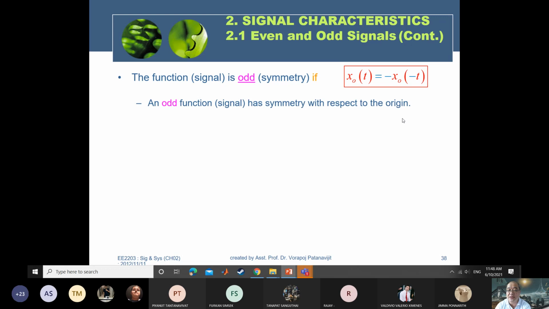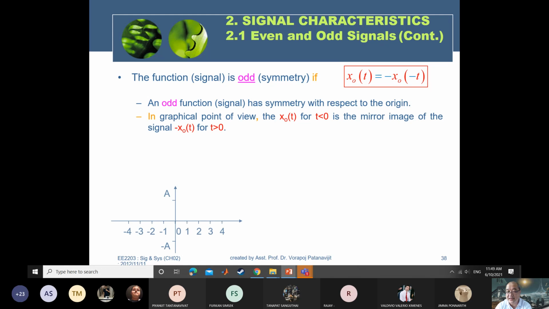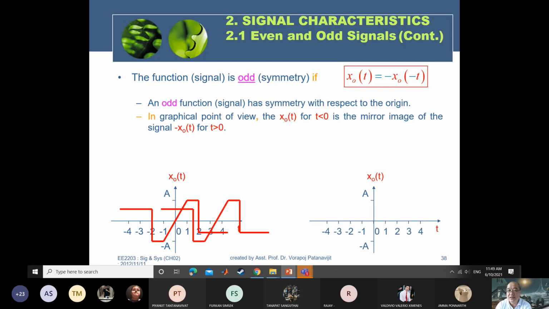The odd function has symmetry with respect to the origin point. From the graphical point of view, x(t) for time less than 0 is a mirror image of the original signal x(t) for time greater than 0. You can see that they are symmetric with respect to the origin. How do we check whether the signal is odd or not? You proceed with the time and amplitude reversal.